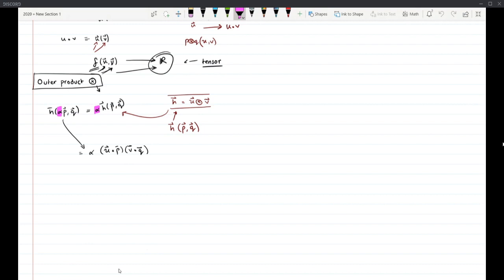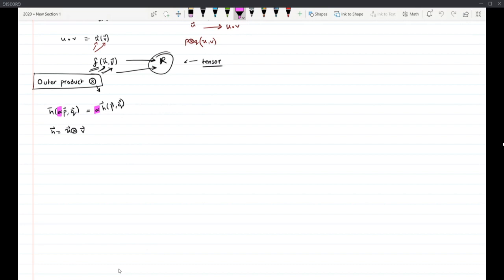So let me just write this out fully, because for anyone who may have a doubt, this should be clear. So I'm going to say H is defined as U cross V. Okay, this is my definition of what H is.